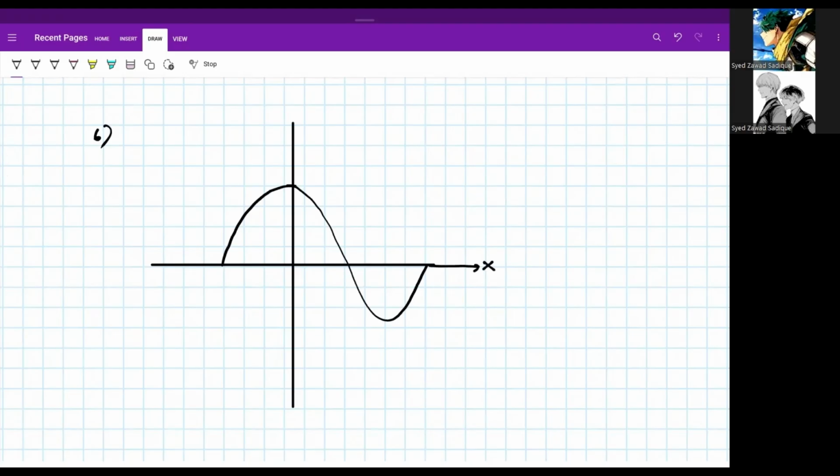Okay, this is A, this is B, this is C, this is the y-intercept. So this graph has the equation x plus A, x minus B, x minus C, also known as the cubic graph.